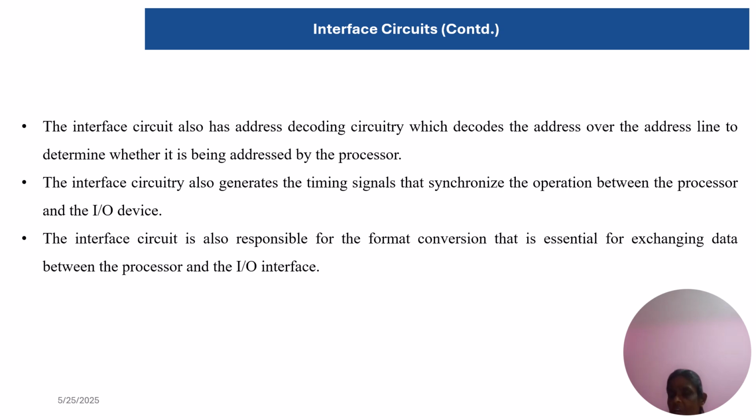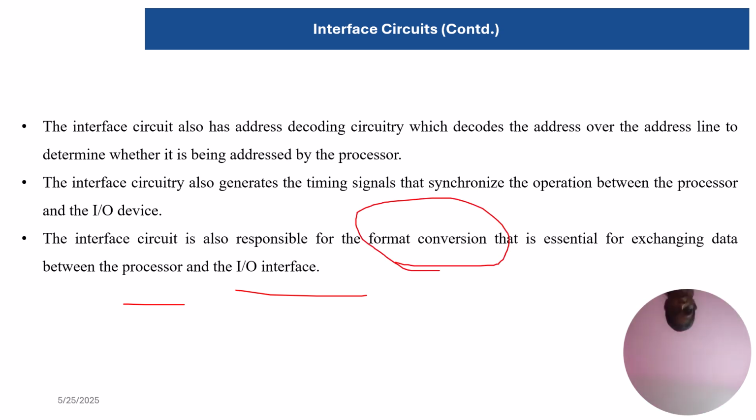This is because of the speed mismatch. The interface circuit is also responsible for the format conversion that is essential for exchanging data between the processor and the I/O interface. This format conversion, we will see in the next slide.